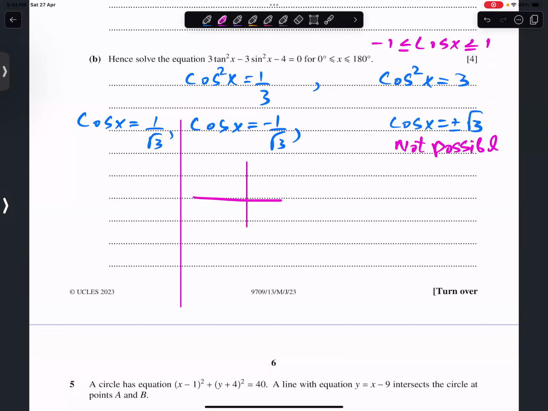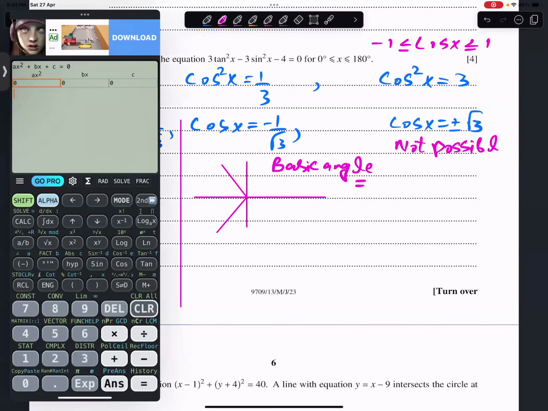Now cos x is negative in the second and third quadrant with a basic angle. Basic angle is shift cos inverse of 1 over root 3.